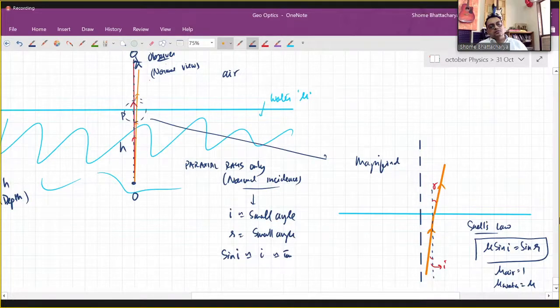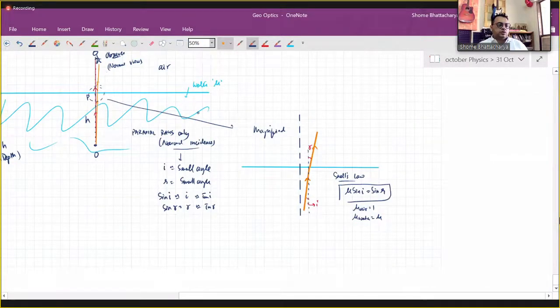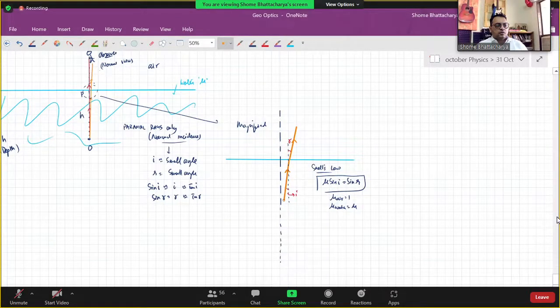So when we look at this magnified diagram, this incident ray was coming from the actual object. And the refracted ray, when you produce it back, appears to be coming from some point like this.